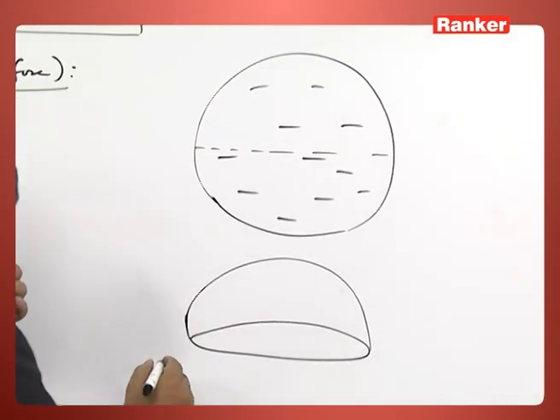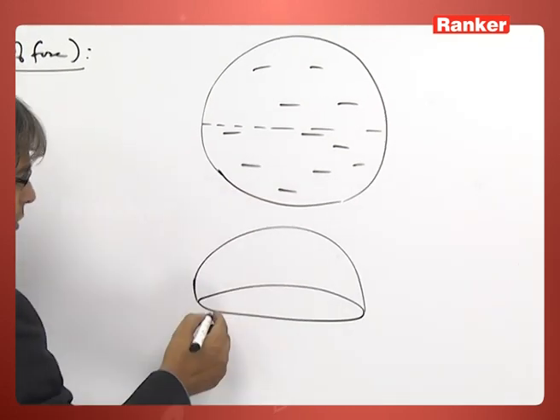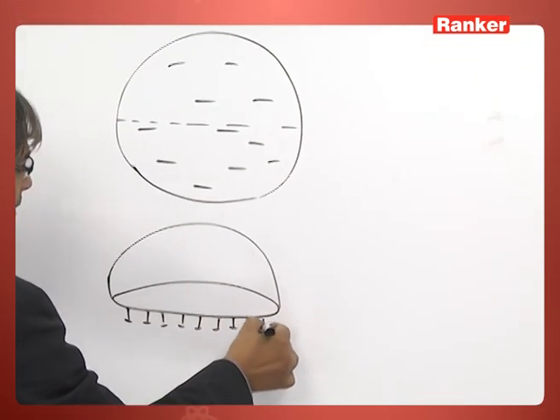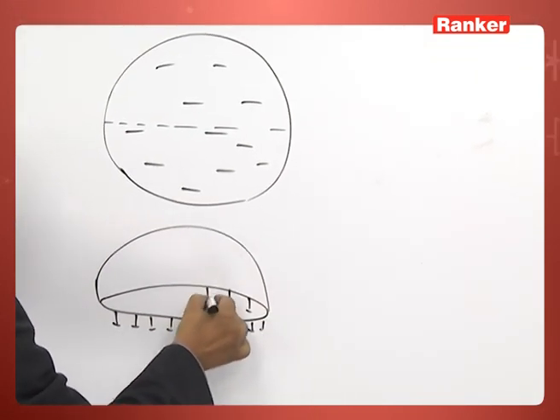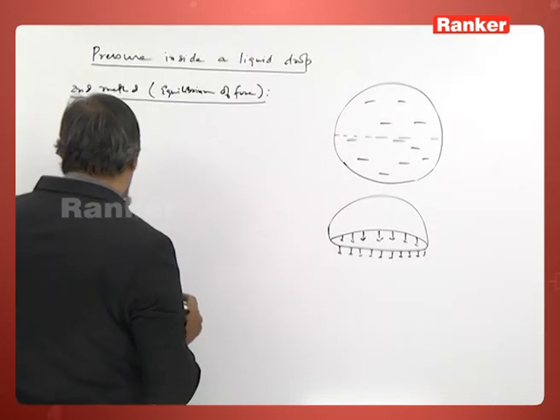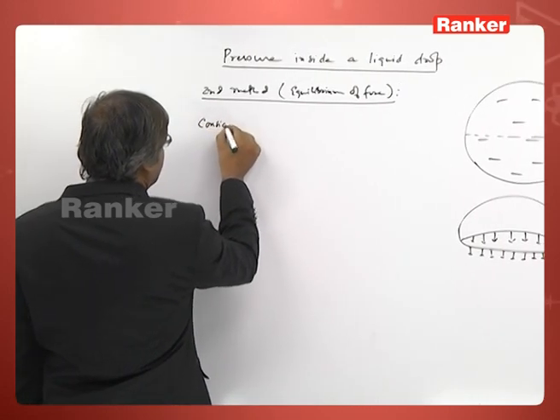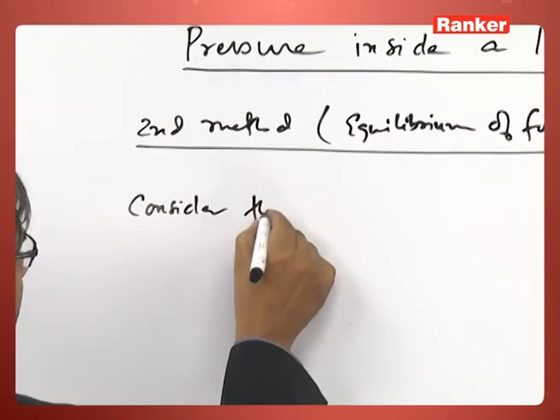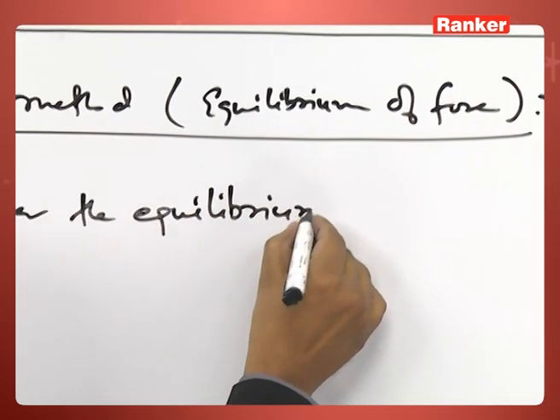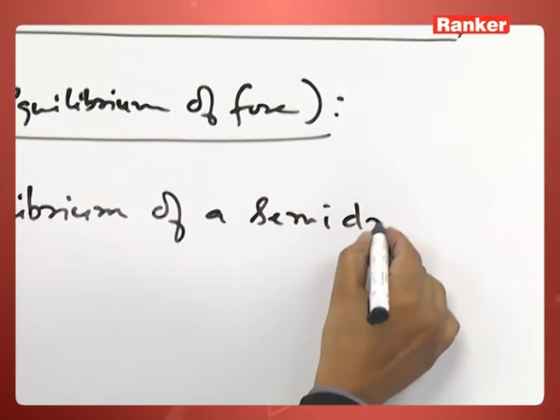This drop is pulled by the other half from the surface by a surface tension force. The liquid drop has only one skin. So, consider the equilibrium of a semi drop.